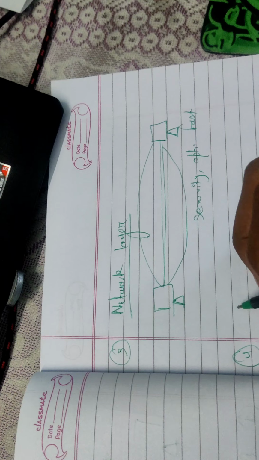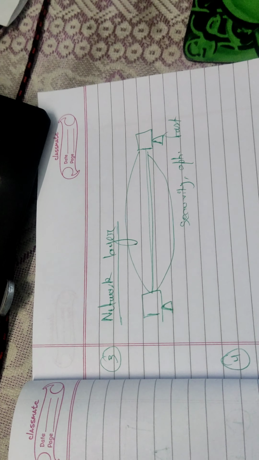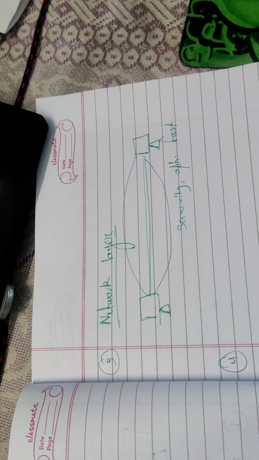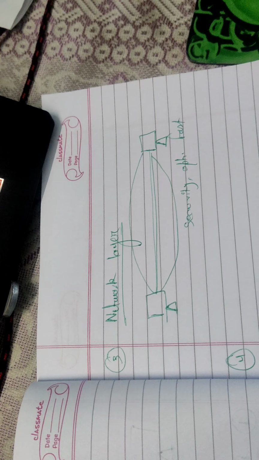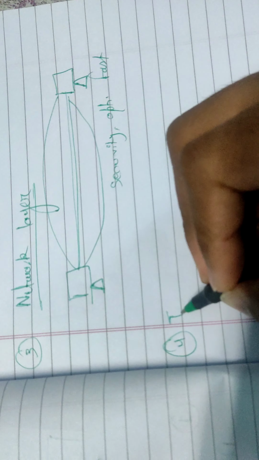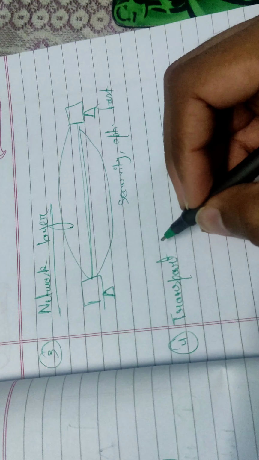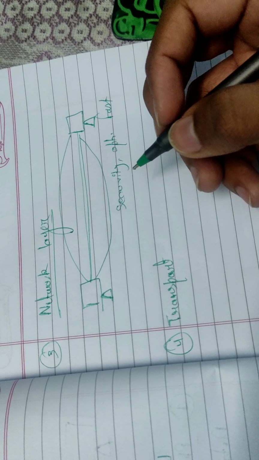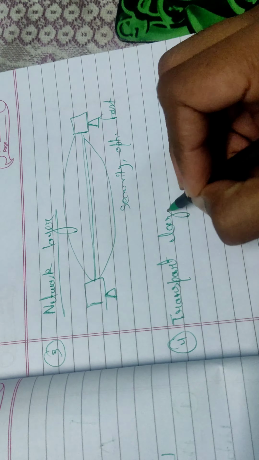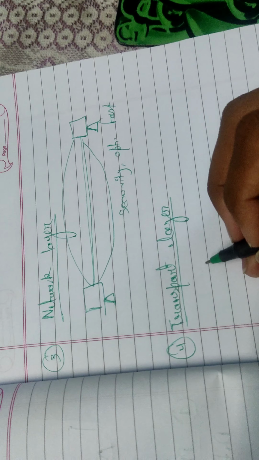Now let's come to the fourth layer. What is the fourth layer? The fourth layer is transport layer. As the name shows, transport layer means transporting data. So what happens in this?